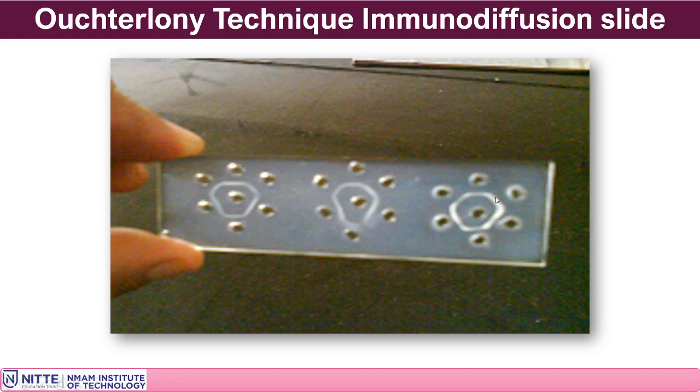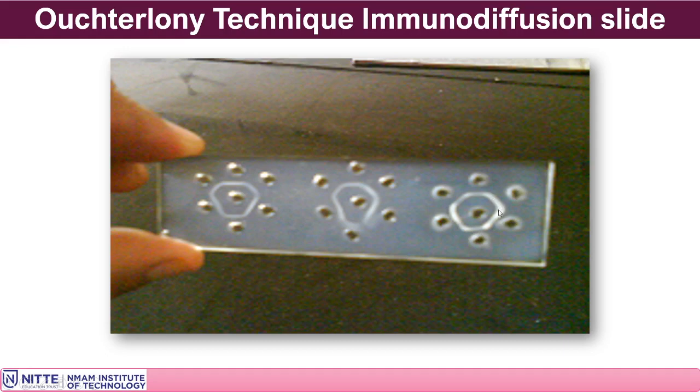So therefore, you have got a very good precipitin band. And this is thicker and the precipitin band is brighter compared to these precipitin bands on this side. This antigen is also positive, but the amount or the concentration is comparatively lower compared to these two antigens.